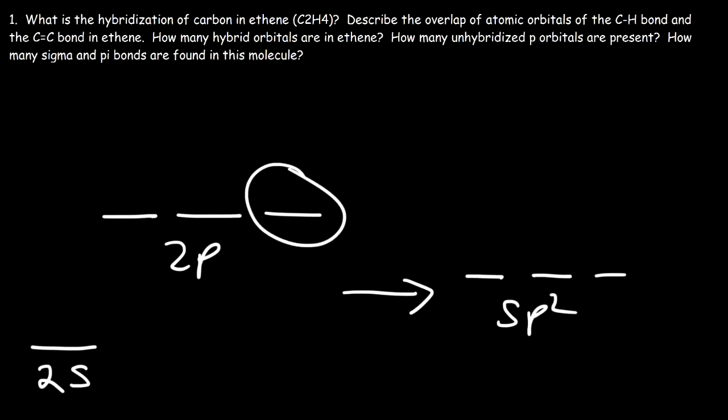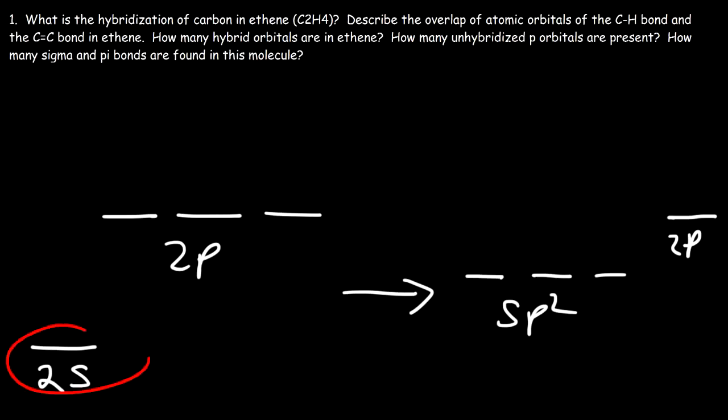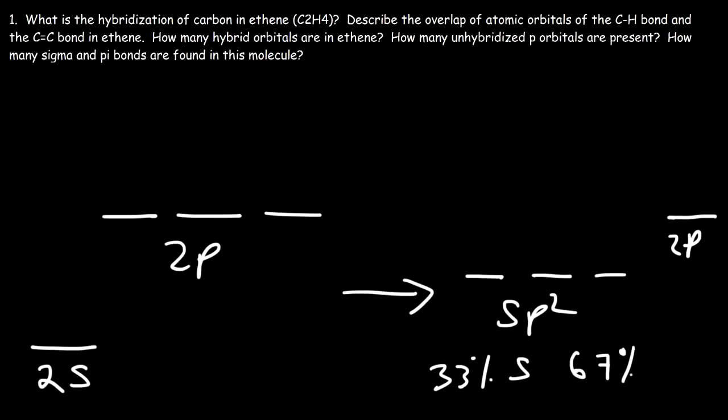Now one of the p orbitals will be unhybridized, so it's going to remain at the same energy as it was before hybridization. The sp2 orbital is going to be somewhere between the s orbital and the p orbital. It's 33% s and approximately 67% p, so it has more p character than s character.